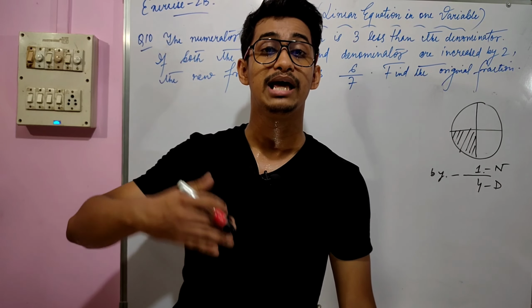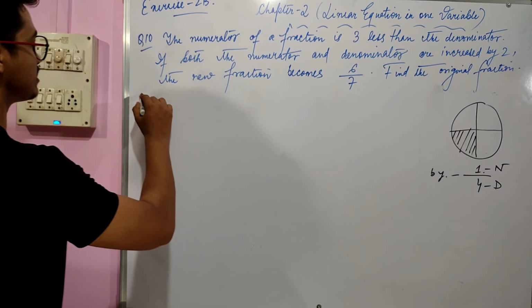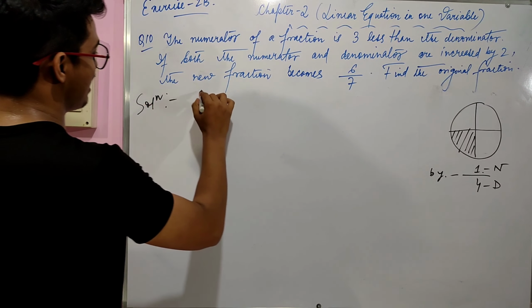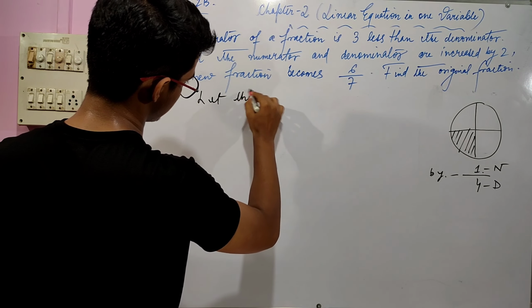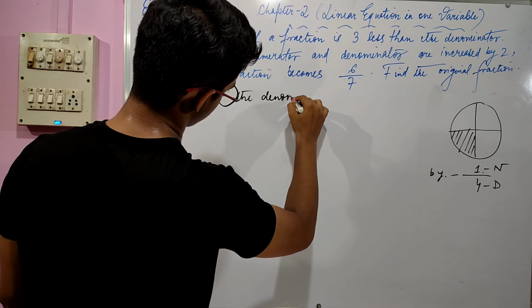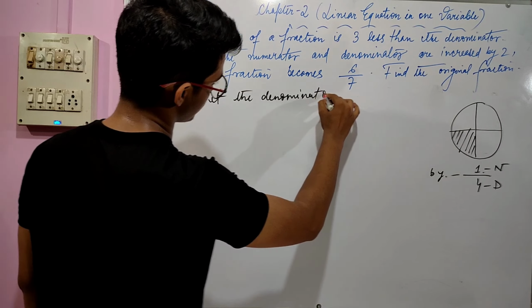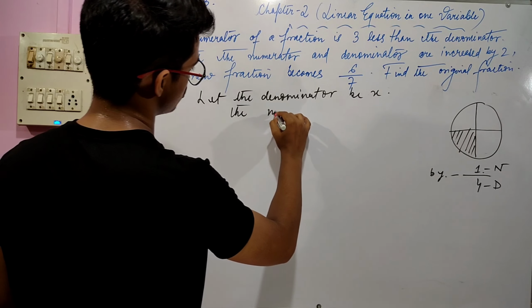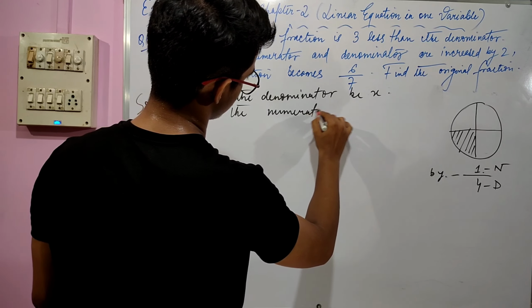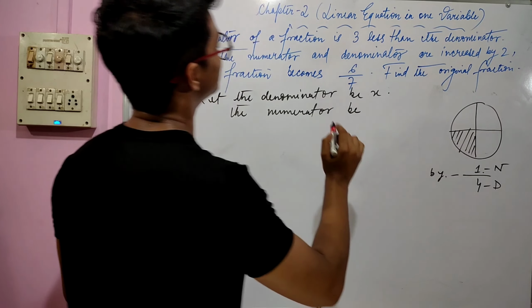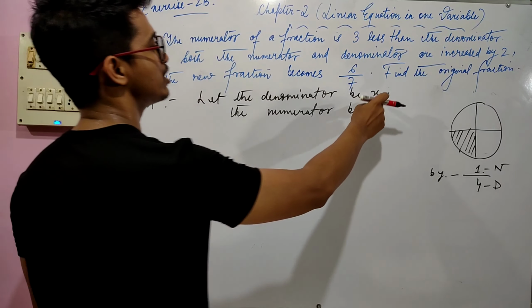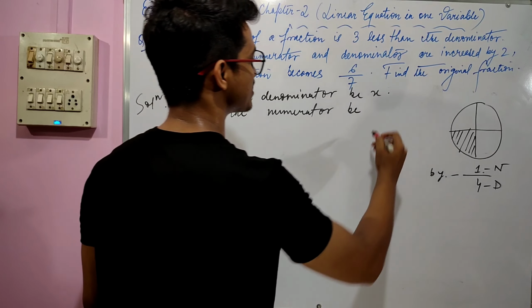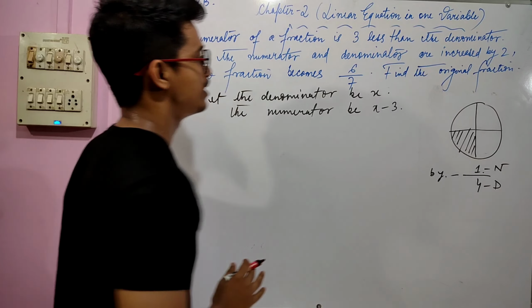So the denominator will be our x. So we have to write, let the denominator be x and the numerator be what? That is 3 less than the denominator. So what is our denominator? That is x. So x minus 3 will be our numerator.